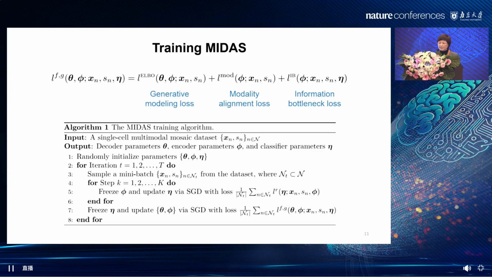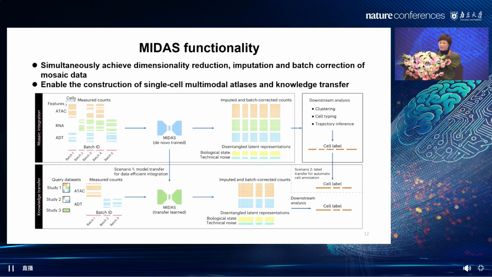We trained MIDAS by summing the total losses of generative modeling loss, modality alignment loss, and information bottleneck loss. Once trained, MIDAS offers several key functionalities: simultaneous dimensionality reduction, imputation, and batch correction of mosaic data.